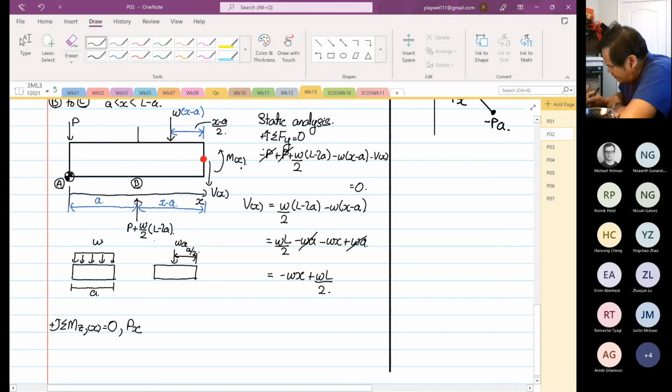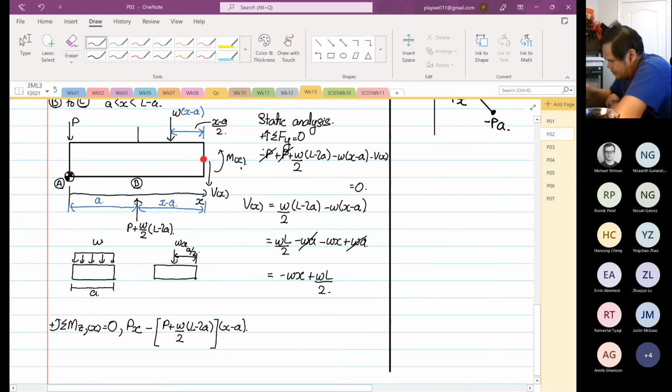Then you have minus P plus omega over 2 L minus 2a, and then you include the distance x minus a.